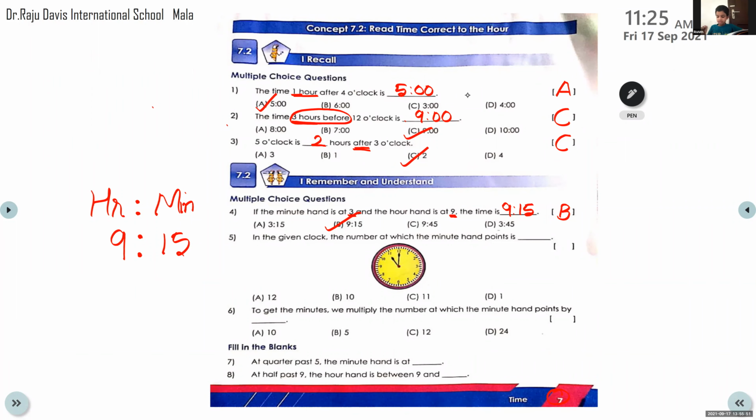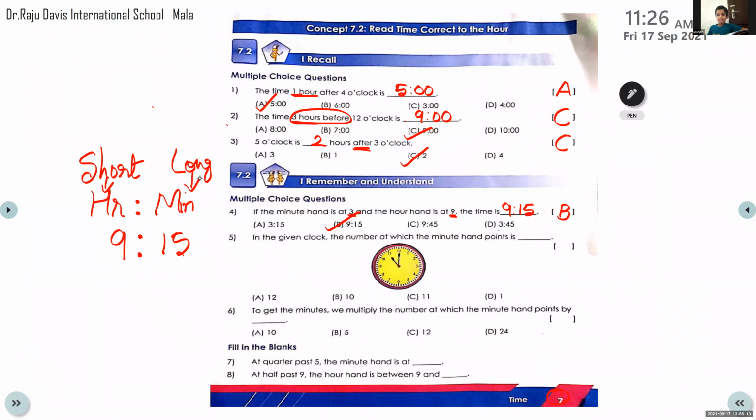Short hand. Then which is the hour hand? Big hand. No, my dear. Short hand is hour hand. We have already learned all these things. Short hand is hour hand and the long hand is minute hand.